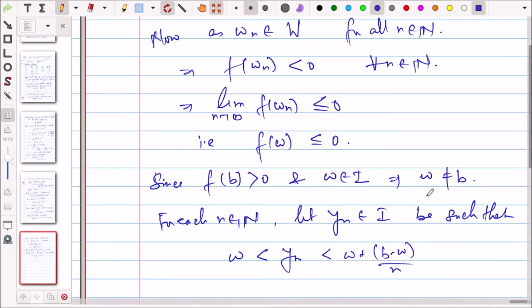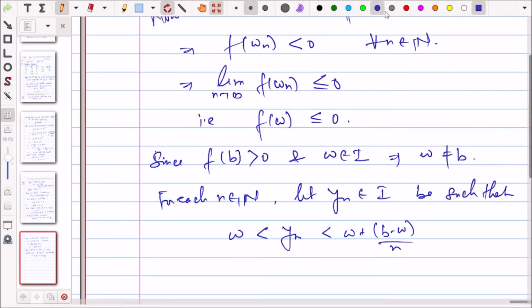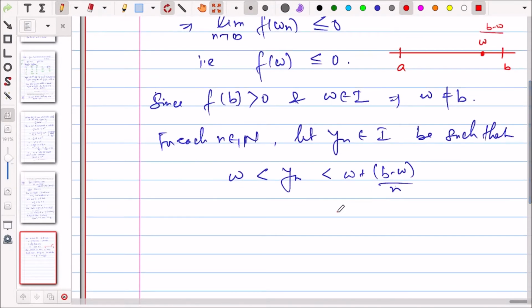So w will be smaller than b, because w belongs to I and b is an endpoint of I. If this is our real line, and this is our a, this is our b, w will be somewhere here, smaller than b. So we have taken this distance b minus w, and at each step we are finding this yn which is smaller than this. Then by the squeeze theorem, if you take the limit as n tends to infinity, yn will converge to w.